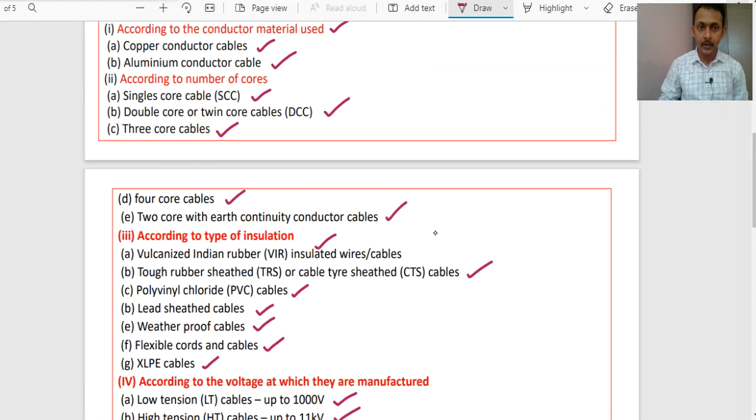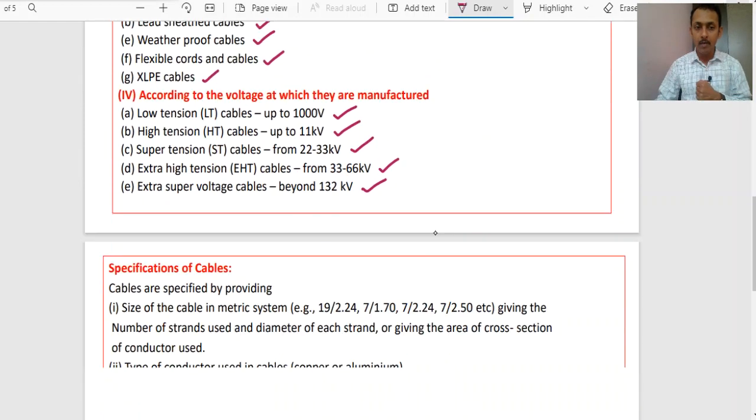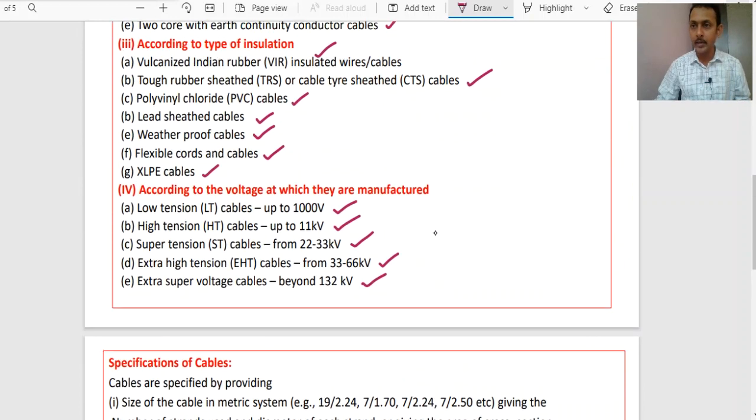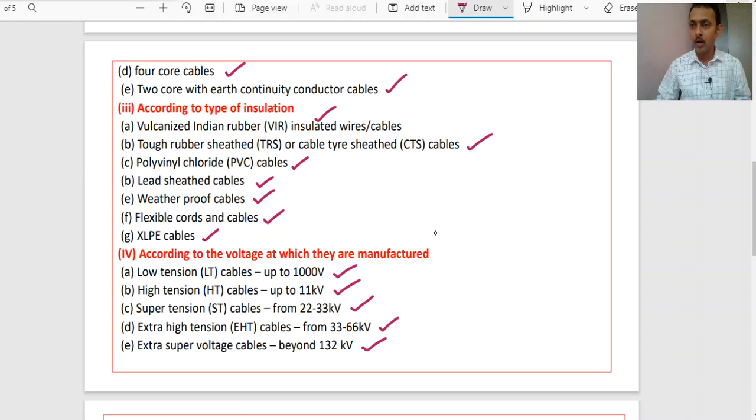If you recollect, depending upon the type of material used, copper conductor cables, aluminum conductor cables, according to the number of cores, according to the type of insulation, and also according to the voltage level, right? So like that the classifications can be given. These are the points to be highlighted while attempting questions in this unit during the exam, right?